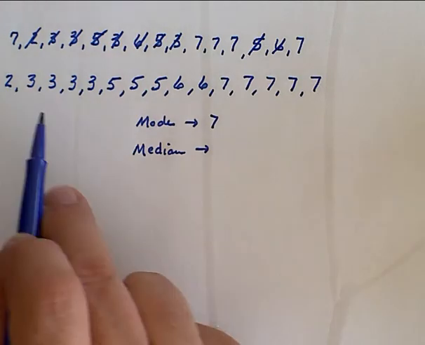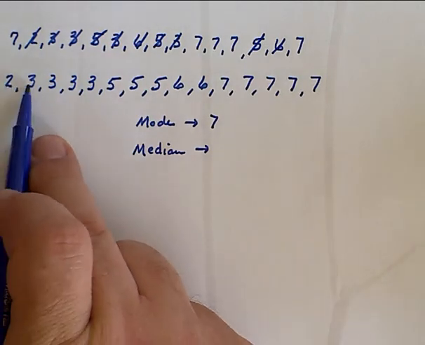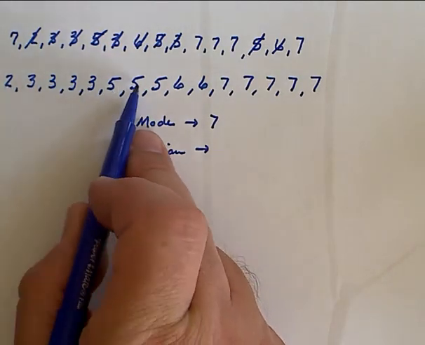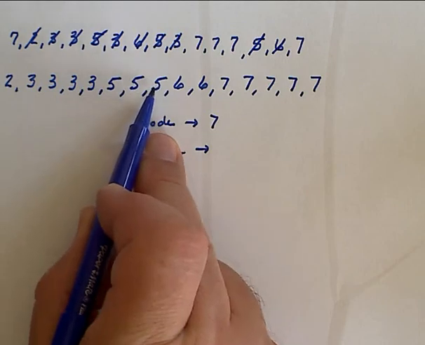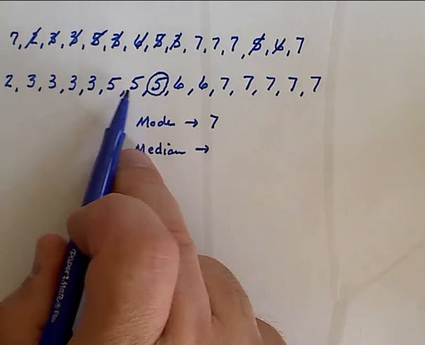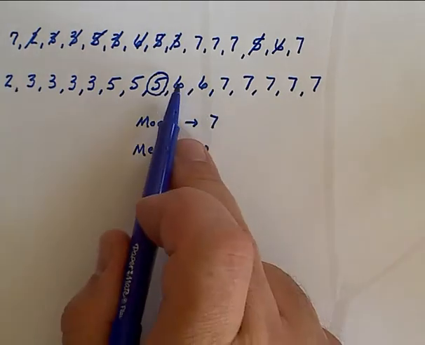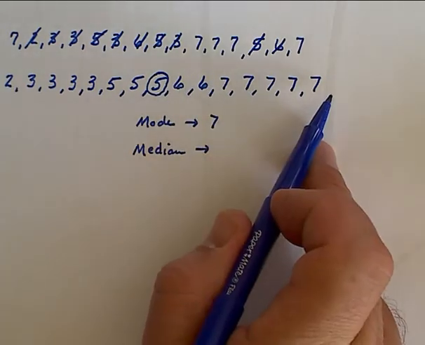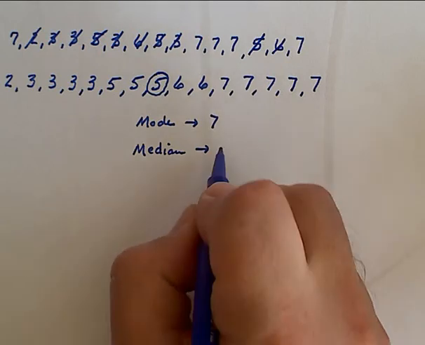So when I count 1, 2, 3, 4, 5, 6, 7, here is my 8th number. That means I have 7 on the left and 7 on the right. And so my median is 5.